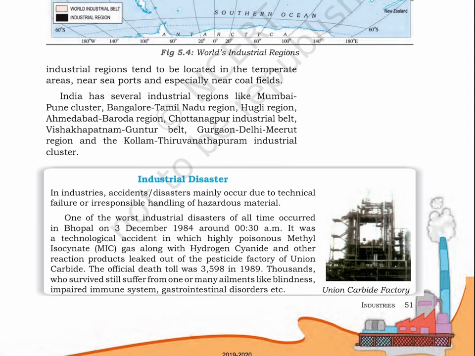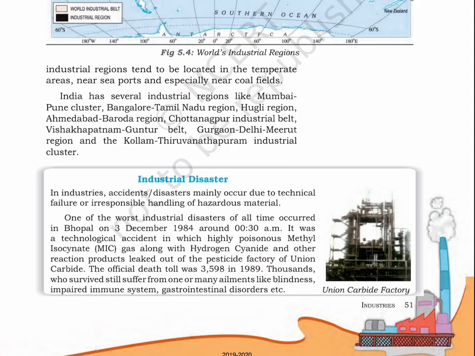It was a technological accident in which highly poisonous methyl isocyanate (MIC) gas along with hydrogen cyanide and other reaction products leaked out of the pesticide factory of Union Carbide.